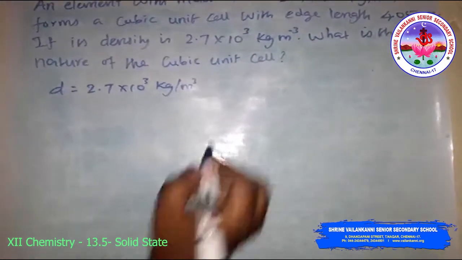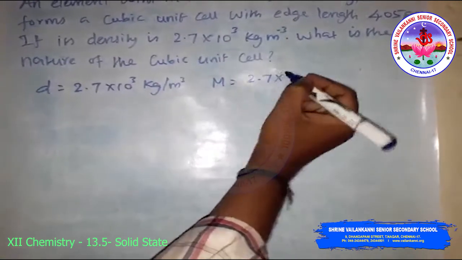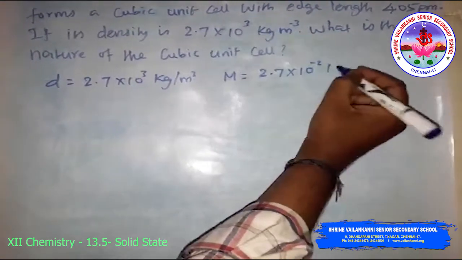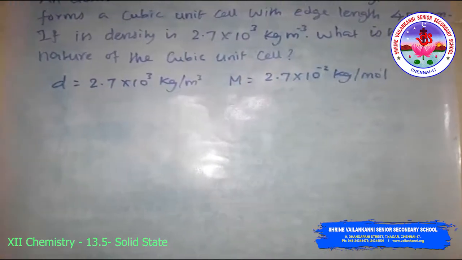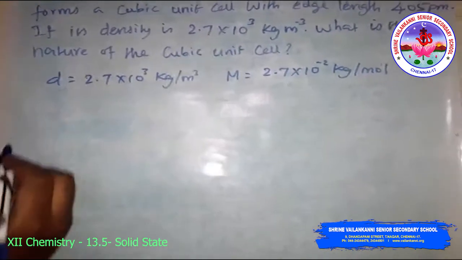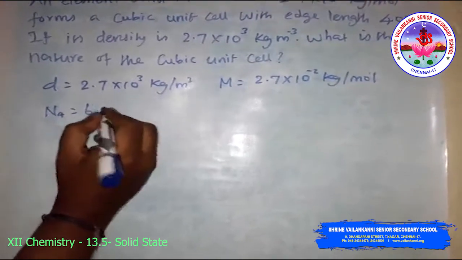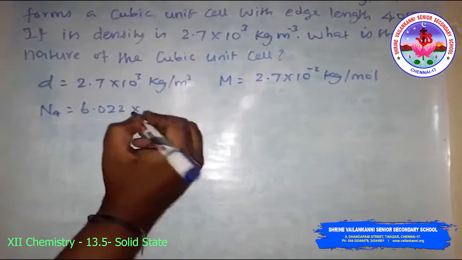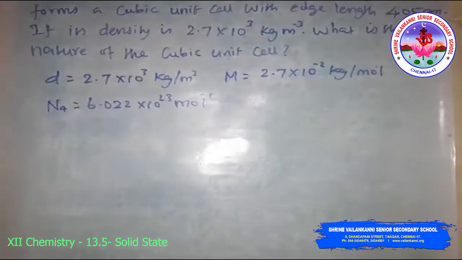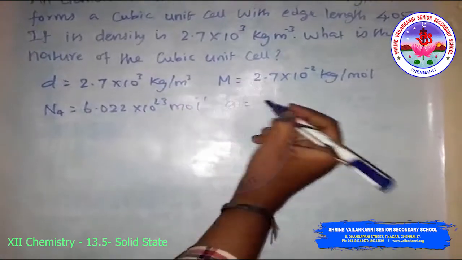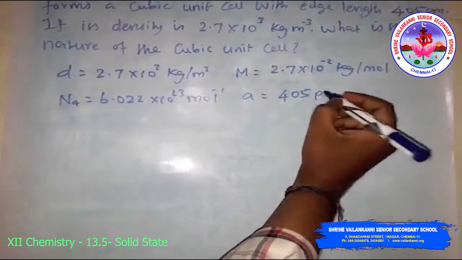Then the molar mass is given here. Molar mass is 2.7 × 10^-2 kilogram per mole. Then the edge length is given, and we know the Avogadro number Na is 6.022 × 10^23 mole inverse. The edge length a is given in picometer, 405 picometer.